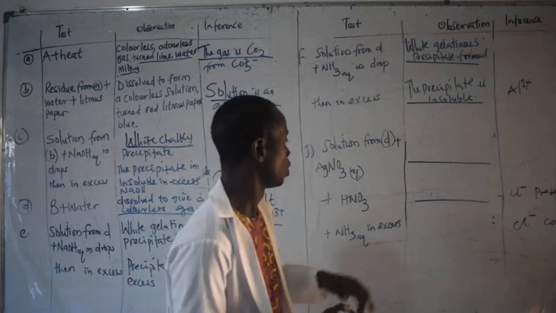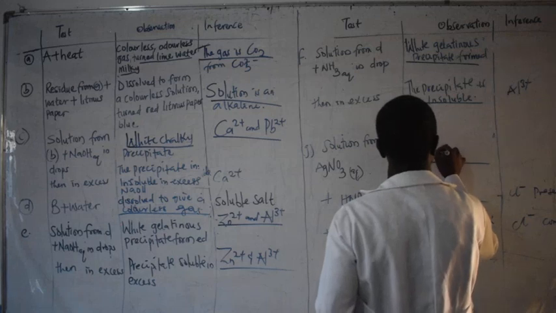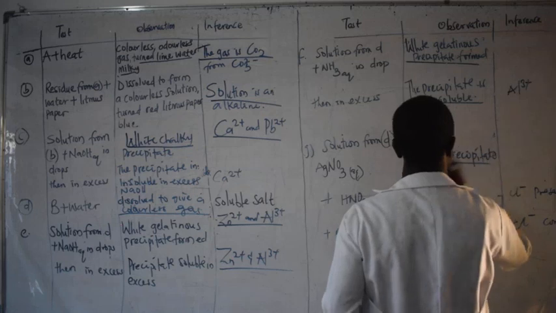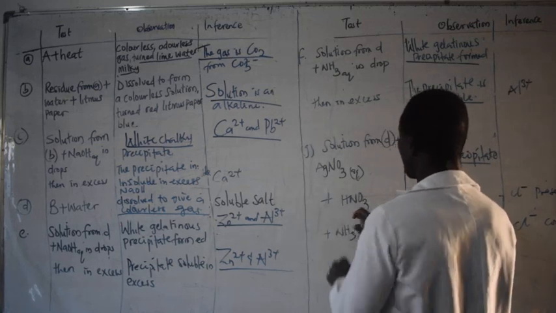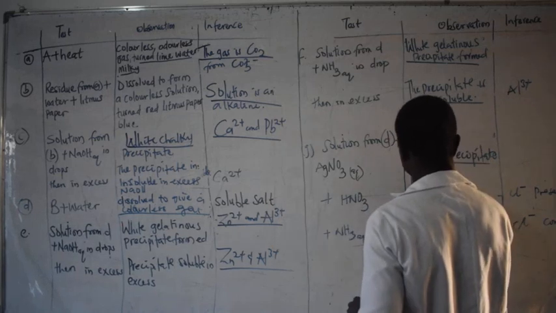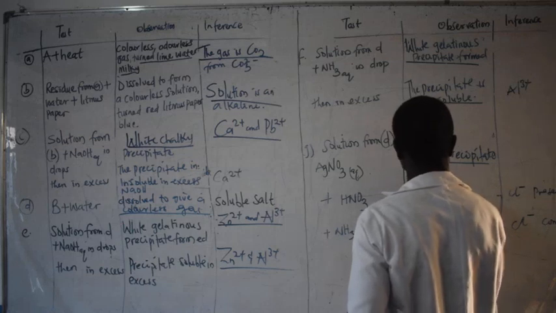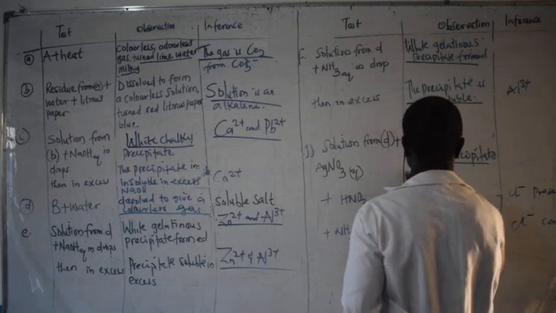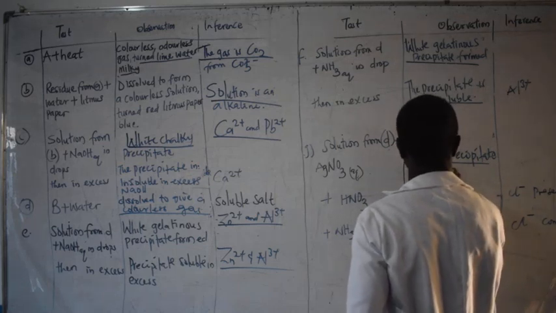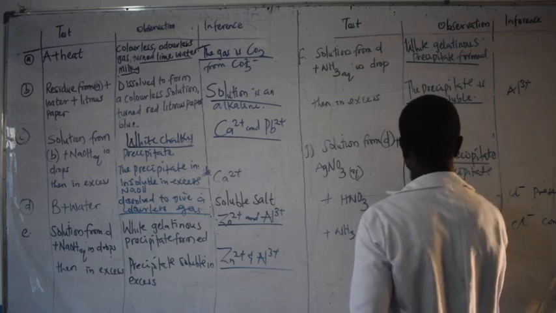There is going to be formation of a white precipitate, and when you add HNO3, the white precipitate is insoluble in HNO3.